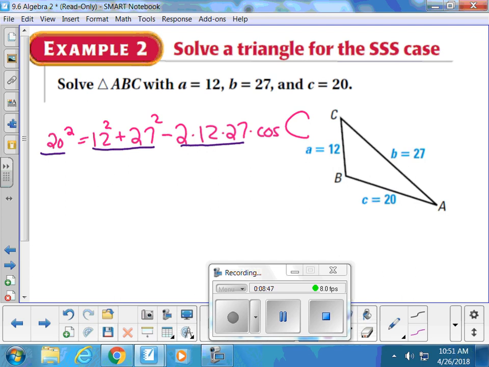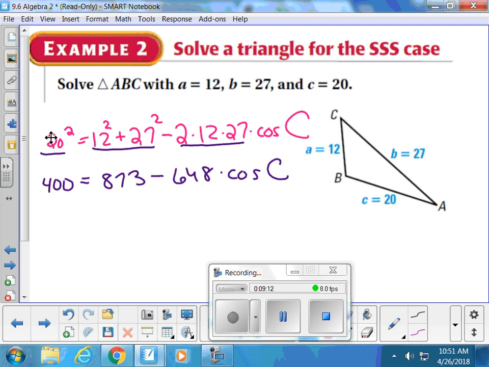So 20 squared is easy, that's 400. 12 squared and 27 squared is 873. 2 times 12 times 27 is 648. And then you have that times cosine C.